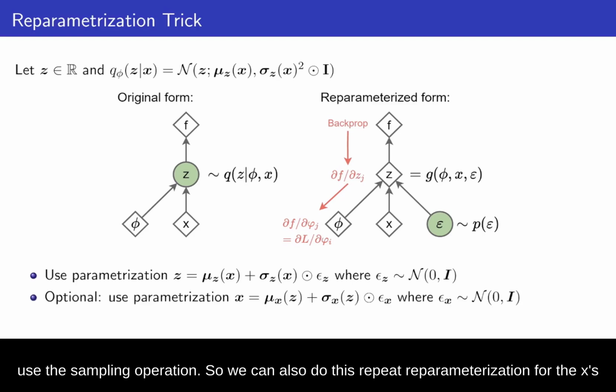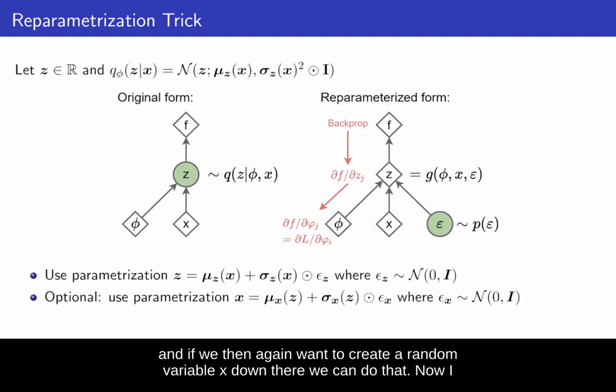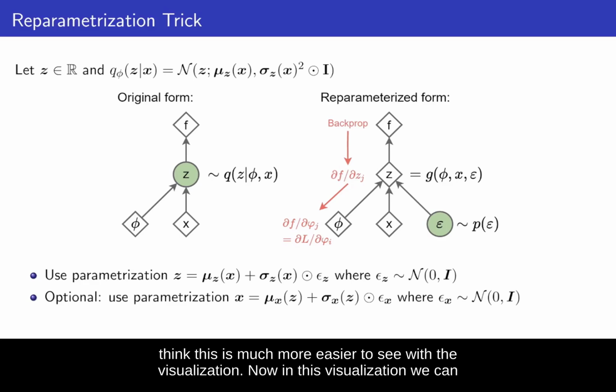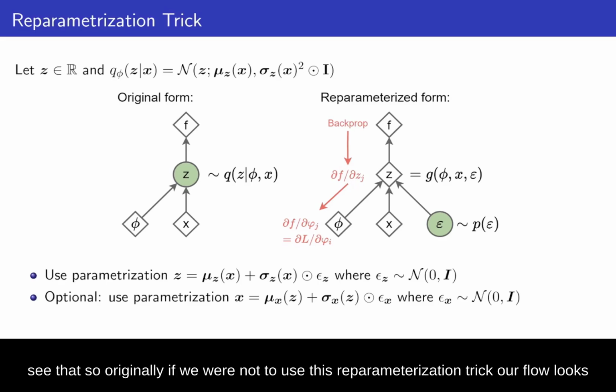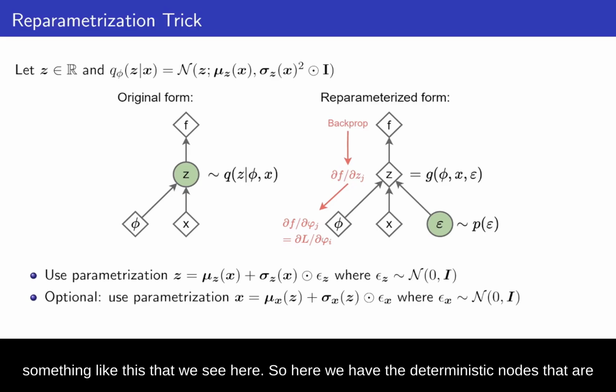We can also do this reparameterization for the x's, if we again want to create a random variable x down there. Now I think this is much easier to see with the visualization. In this visualization, originally, if we were not to use the reparameterization trick, our flow looks something like this.